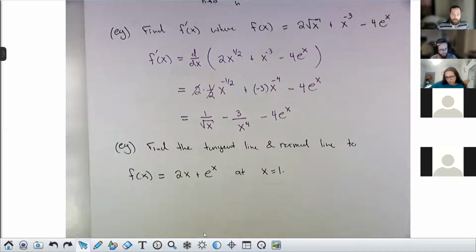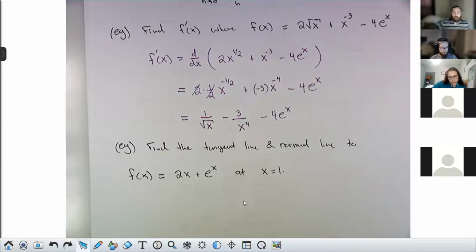We know what the tangent line is. Has anybody heard the term normal line or encountered the word normal in mathematics anywhere? So if you've taken physics, this is pretty common.